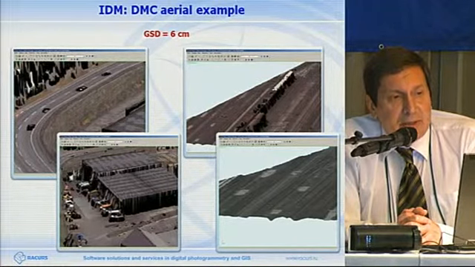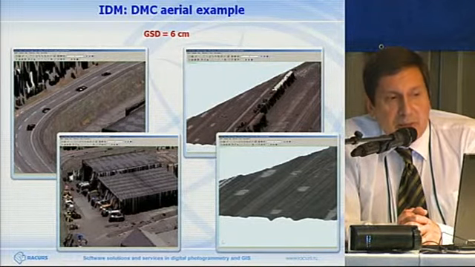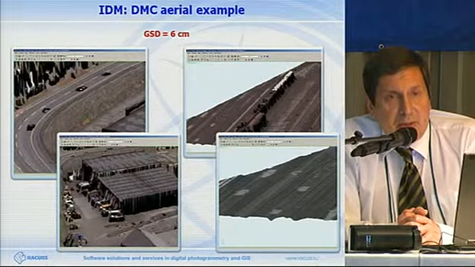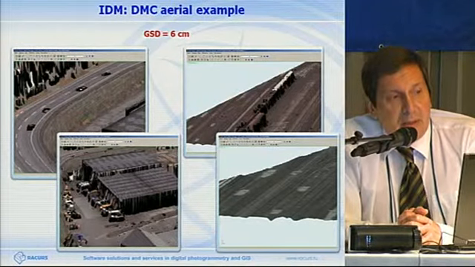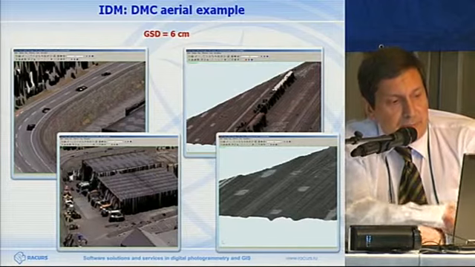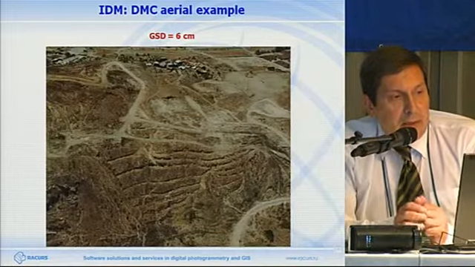This is a DMC aerial example with a GSD of 6 centimeters. Thanks to SGM you can see tracks and sleepers on the railroad.